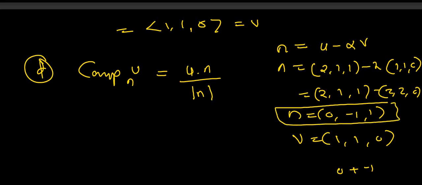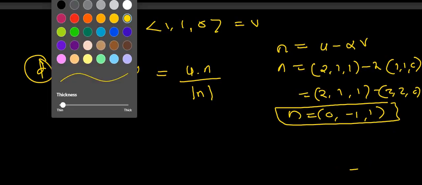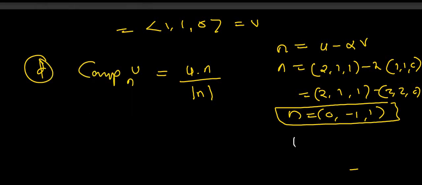Oh, this is U, sorry. Because we are finding the component of U towards N, so we need our U, not V. U is 2, 1, 1.